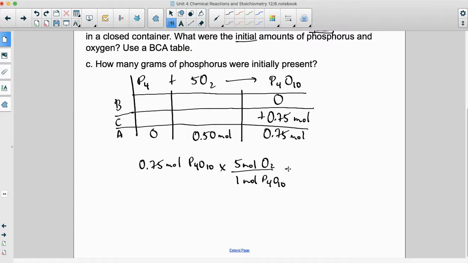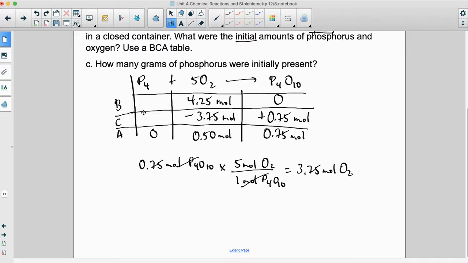So that times 5 gives us 3.75 moles of O2. So I can put that in here. This must be subtracted because it was a reactant and it disappeared. So then if I work backwards, this should be 4.25 moles.